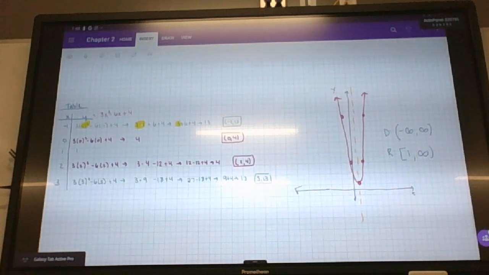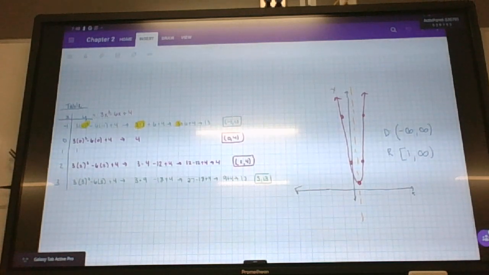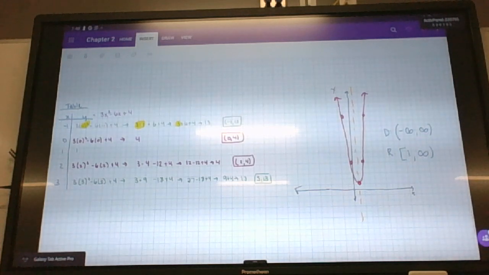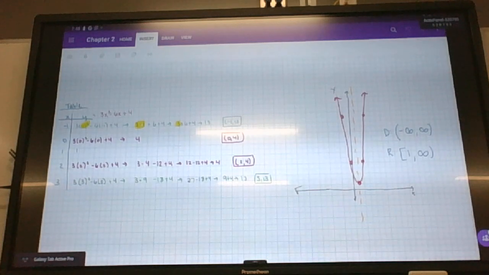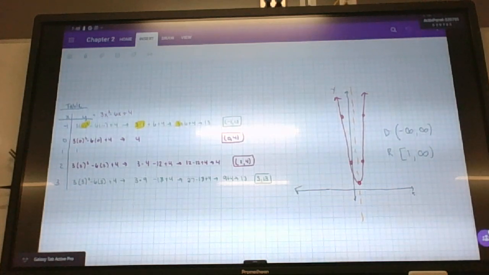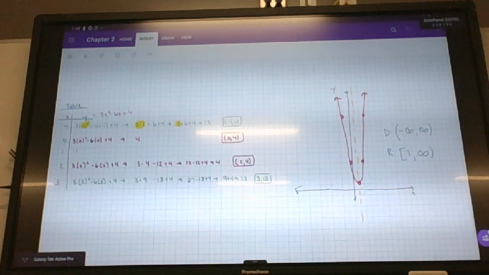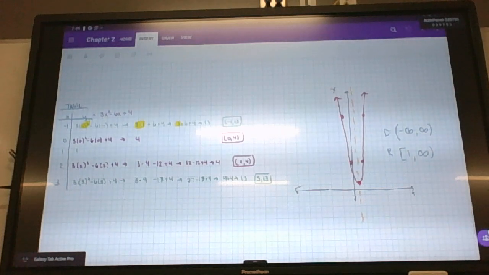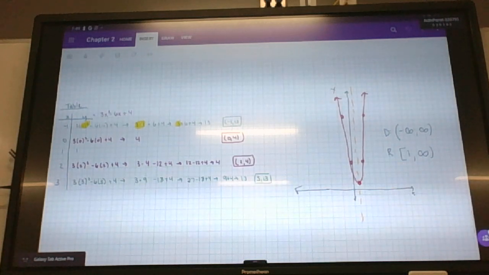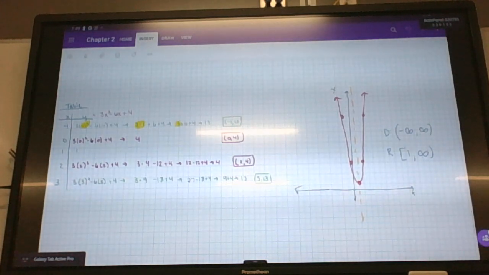What am I doing wrong here then? Let me see a little bit more work on this. That's exactly what it is.